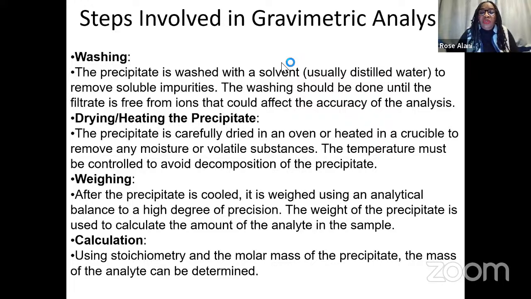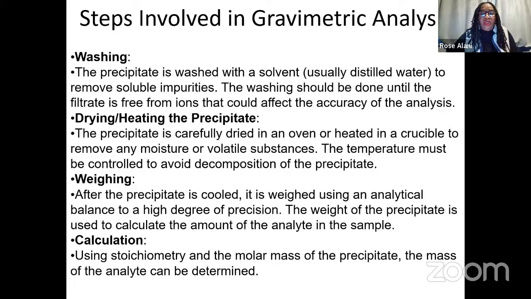So what you do, you take the precipitate to an analytical balance that has high precision and weigh it. Then you get the mass of the analyte in the sample. The next thing you do is calculation. Remember I mentioned that one of the key things is the stoichiometry.